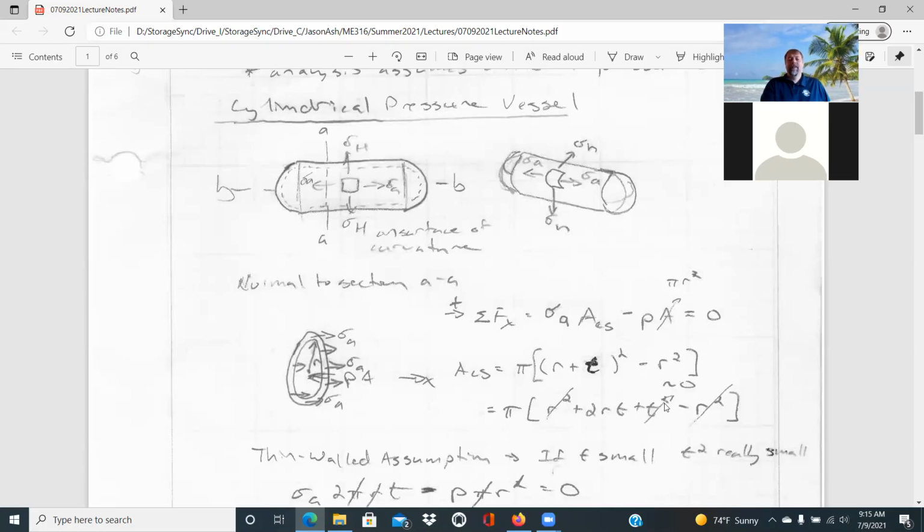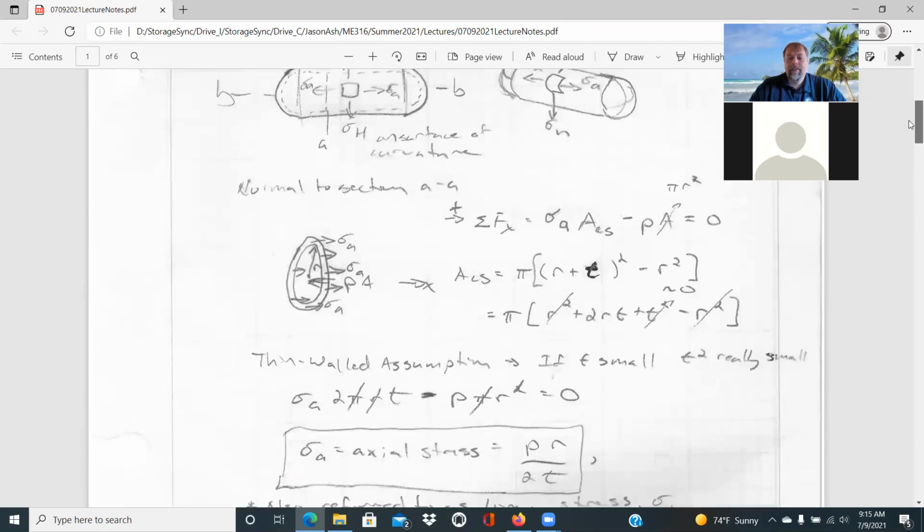It allows us to neglect that thickness squared term so that we're left with 2rt. And then the cross-sectional area would be 2 pi rt when we multiply pi through. And so the thin-walled assumption again is if t is small, t squared is really small.